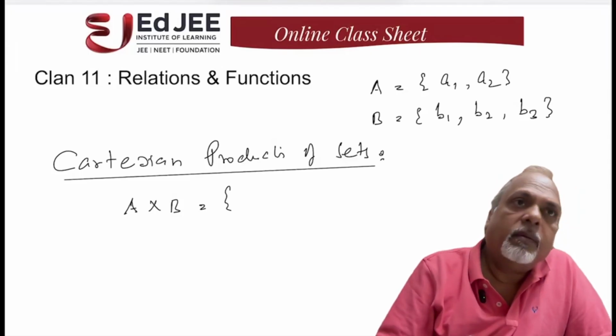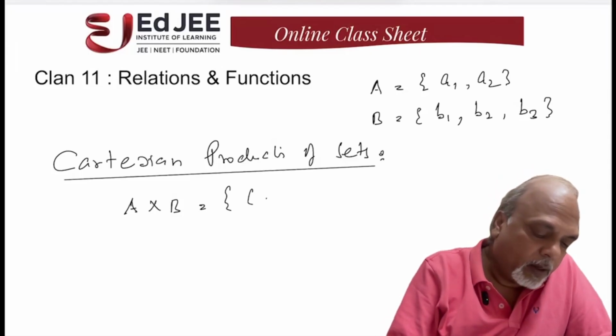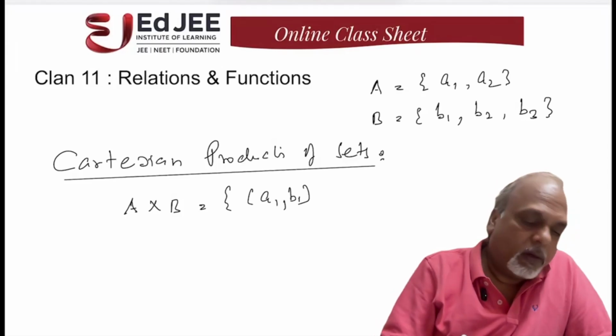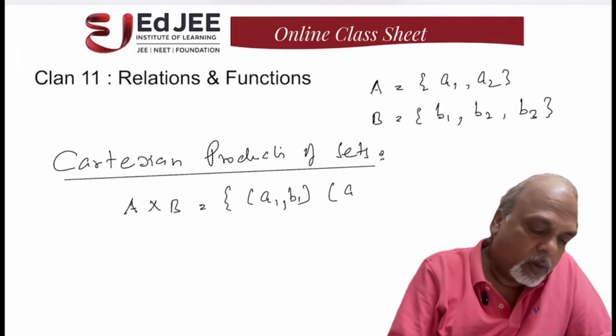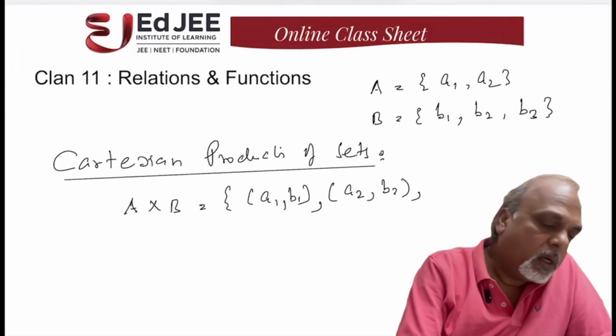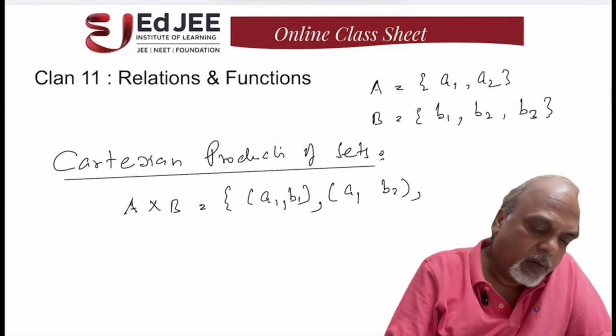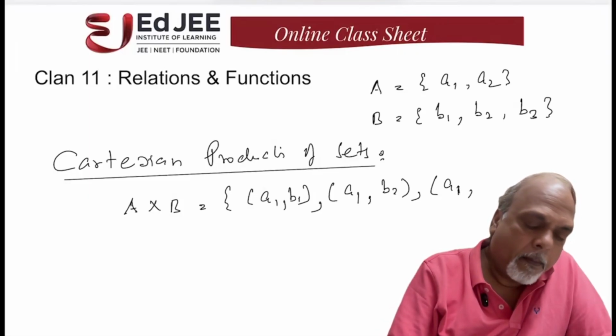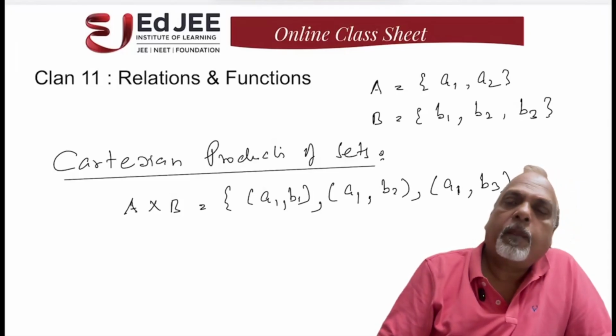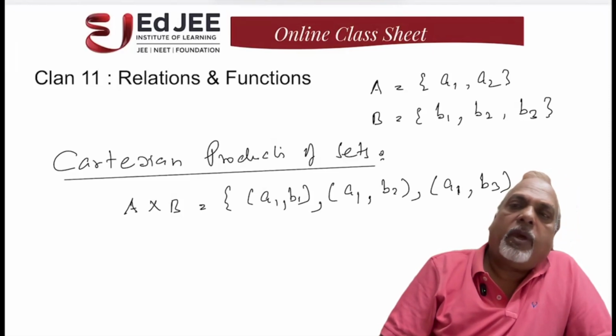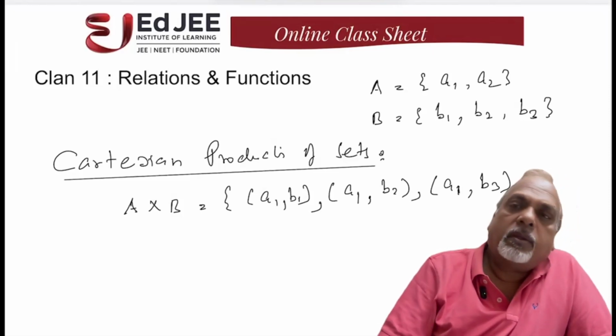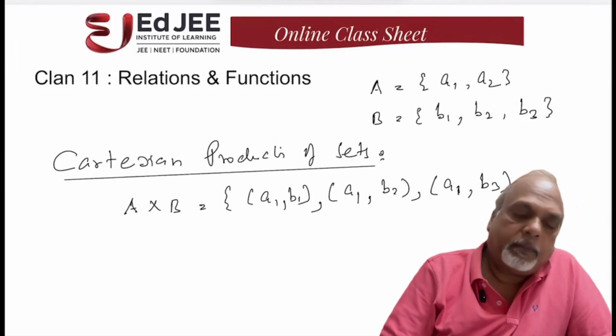First of all, let us take A1. Sorry, let us keep first for A1: A1, B1, A1, B2 and then A1, B3. So with this first element of A, that is A1, these ordered pairs with the elements of B are complete. Correct?